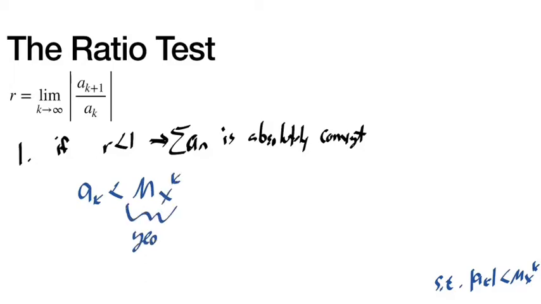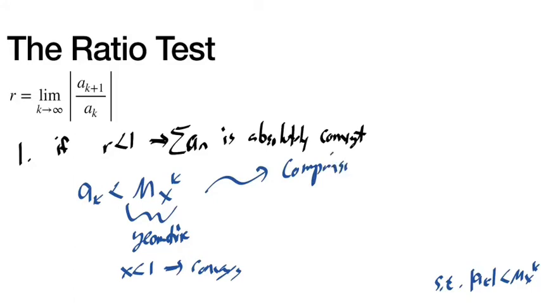This part right here is geometric, and so it converges if x is less than 1. So that means I can do a comparison test to show that my a_k's must converge also. Sorry, I should be dealing with absolute values.